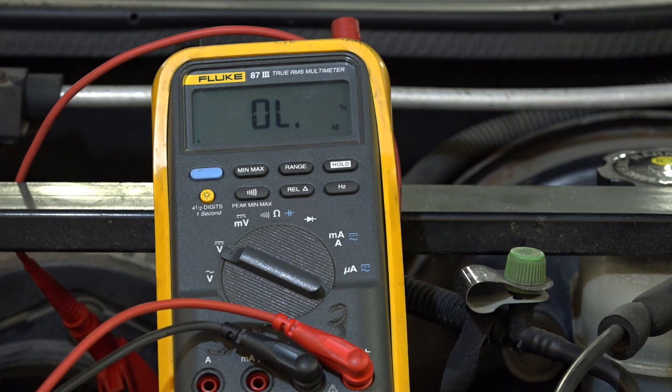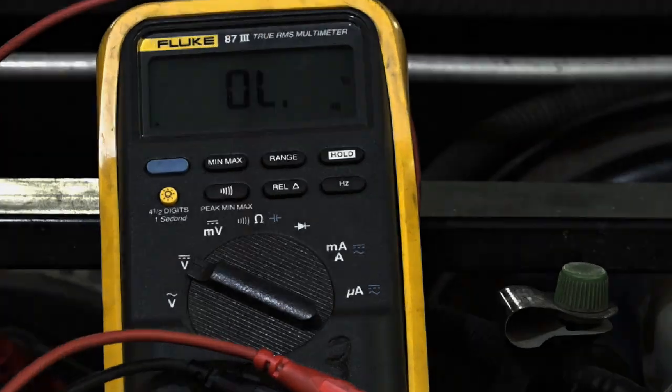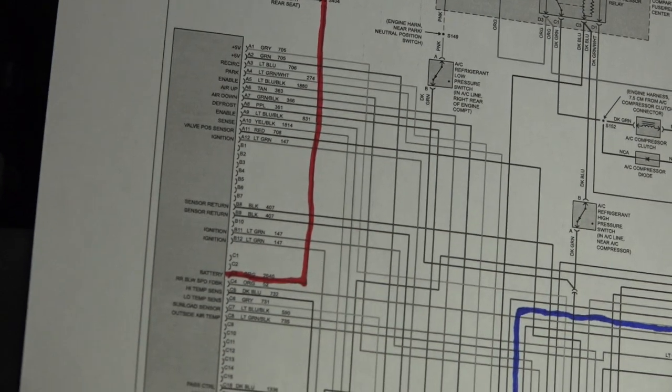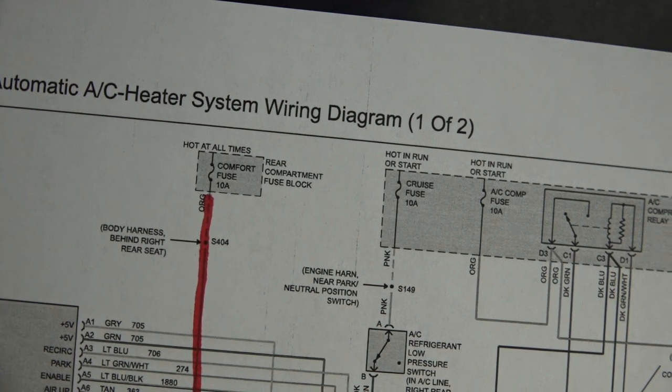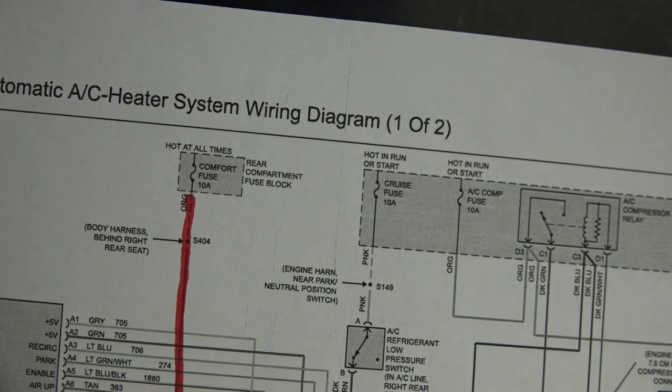Now, one thing I'm going to attempt to do to maybe isolate the programmer, if this doesn't work, well, then maybe I'll remove some wires or cut some wires or something. If we take a look at my programmer, all right, that red wire I have highlighted is battery voltage. It's coming from the comfort fuse, and that's located in the rear fuse block.